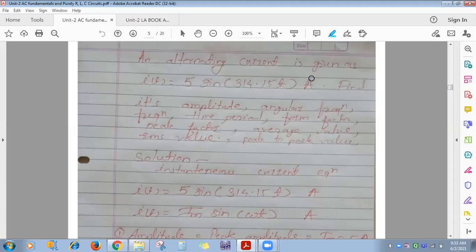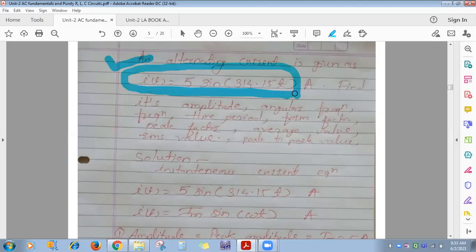Alternating current is given by i(t) = 5 sin(314.15 t) ampere. This is called the instantaneous current equation. Instantaneous value is denoted by small letter i.